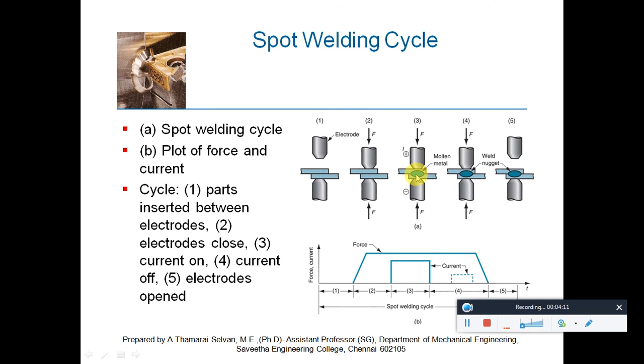In the fourth step, once the current has passed for a certain time, there is a breaker, so the current cuts off, and the passing of current is automatically limited to the time period. The electrodes are opened, and the two metals after welding can be taken out.